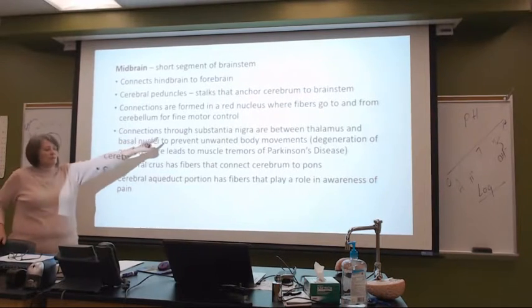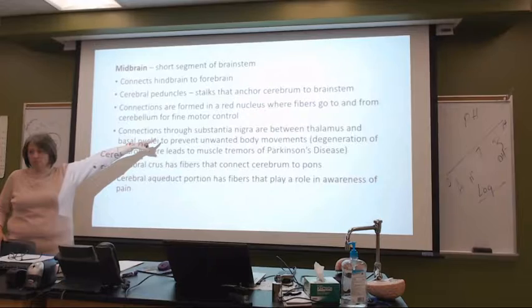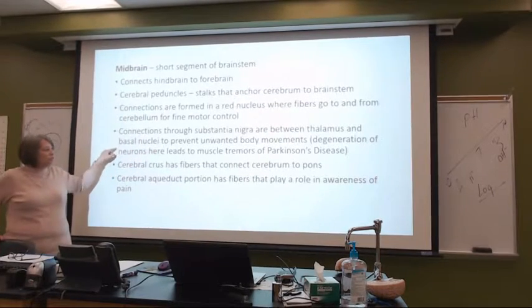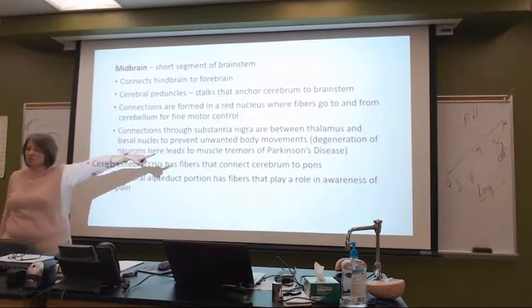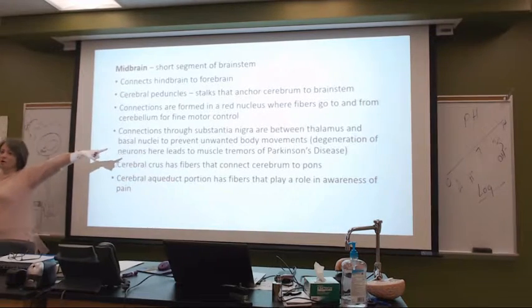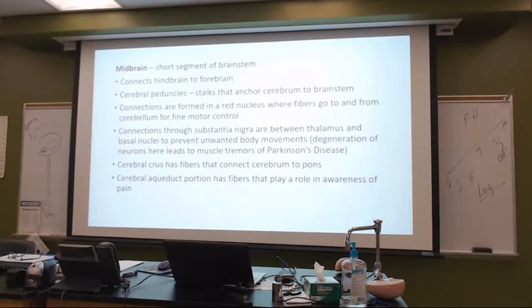The reason that this is known, okay, is due to a lot of research that has been done for Parkinson's. Anybody familiar with Parkinson's? What happens to people who are diagnosed with it, or what happens as the disease progresses? They're going to get a lot of the tremors, okay?